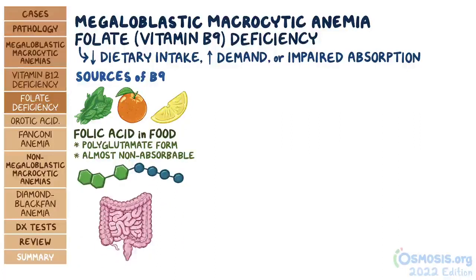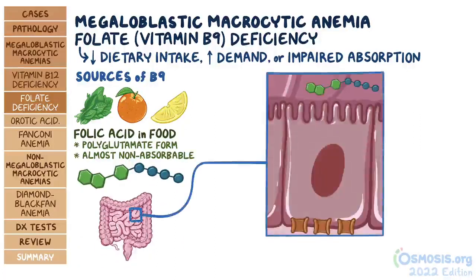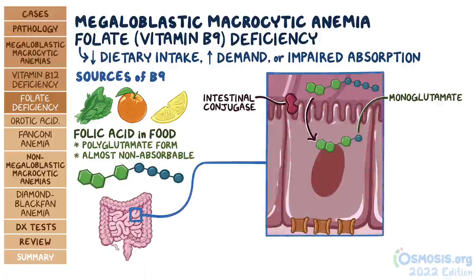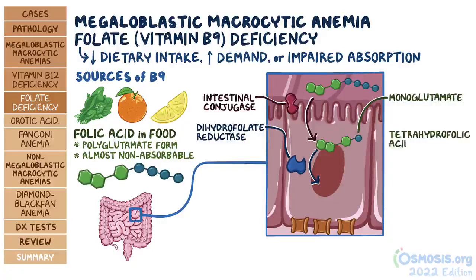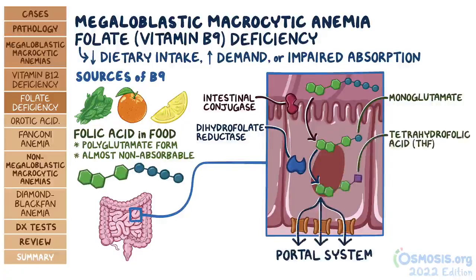So special enzymes in the jejunal mucosa, like the intestinal conjugase, cut down the polyglutamate residues into monoglutamate, which can be absorbed. Once inside the enterocytes of the jejunum, an enzyme called dihydrofolate reductase converts it into tetrahydrofolic acid, or THF, which then goes into the portal circulation.